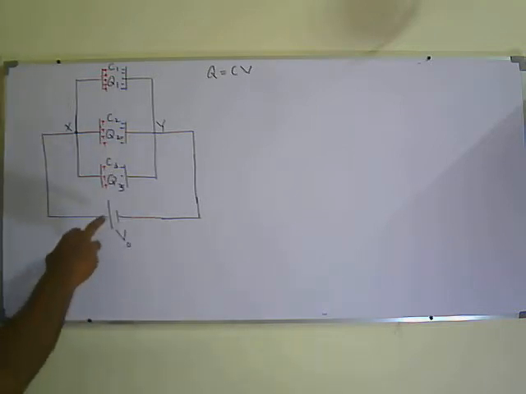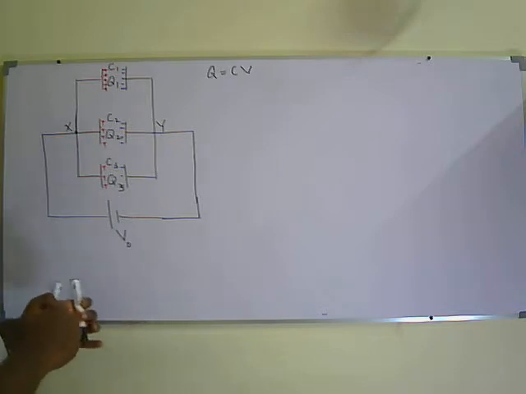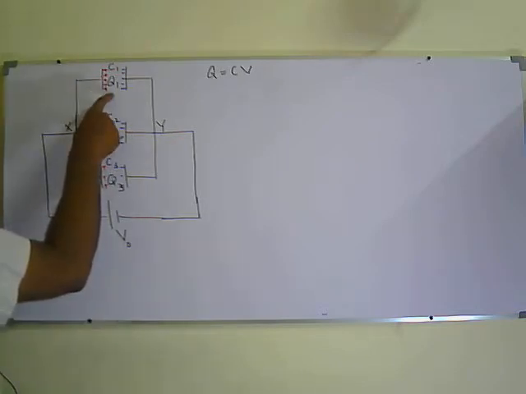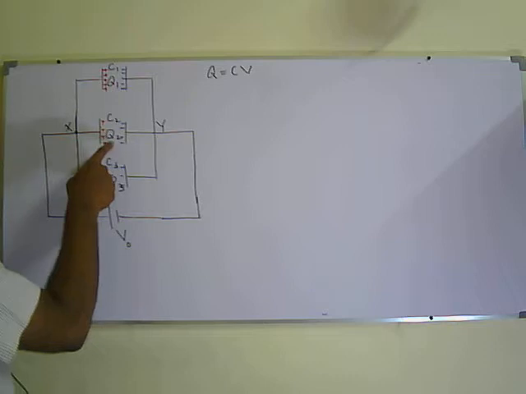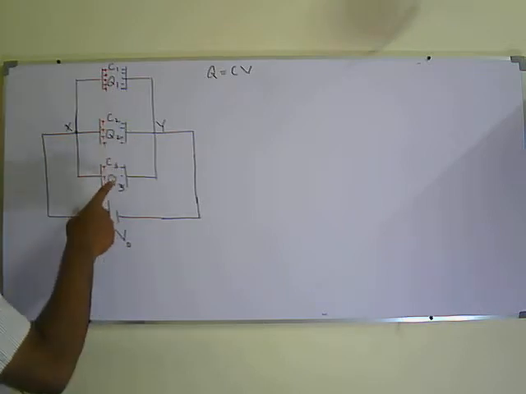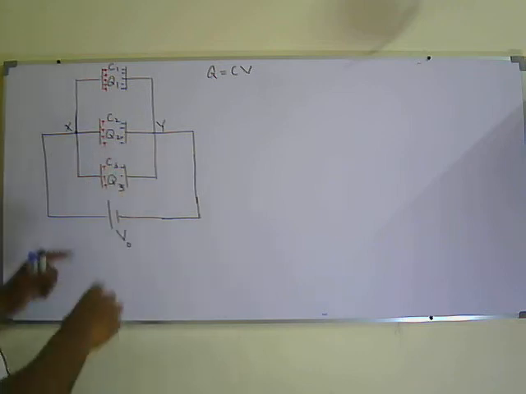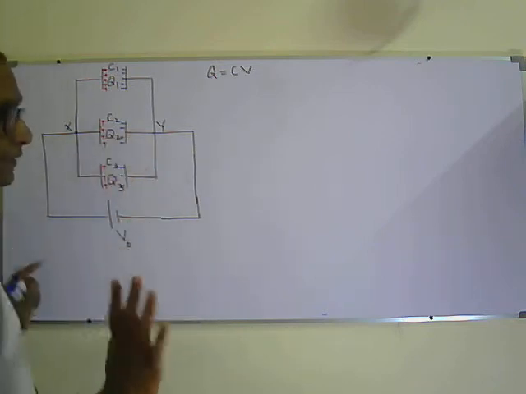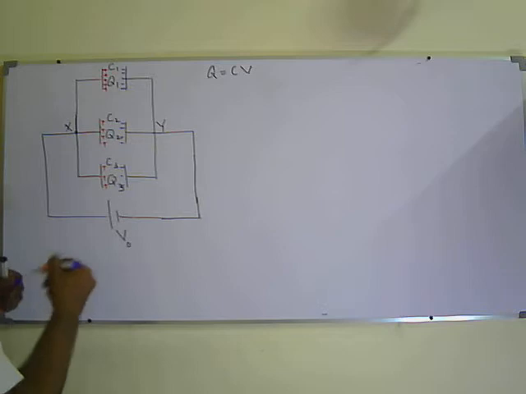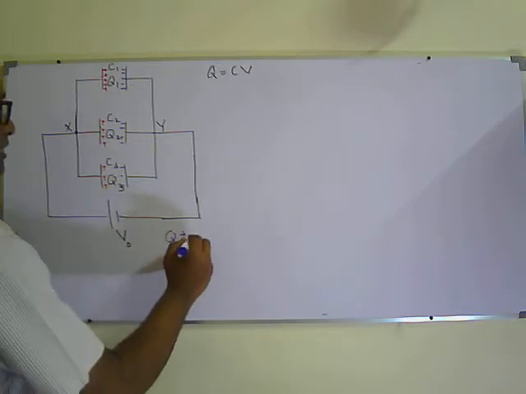So the total amount of charge flown in this circuit: this capacitor gained charge Q1, this capacitor gained charge Q2, this gained charge Q3, which means during the charging process, the total charge flown in the circuit is equal to Q1 plus Q2 plus Q3.